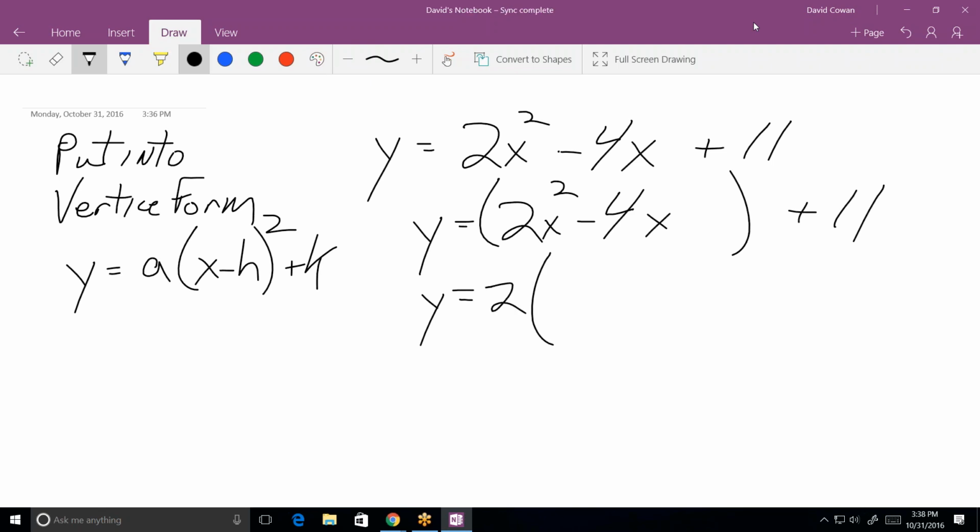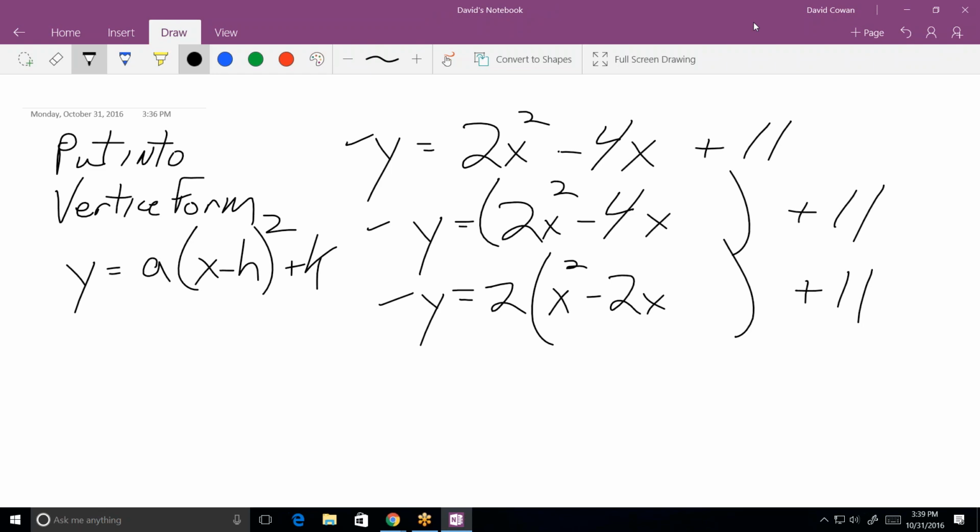And what's left? Notice I have not changed anything. And that's always what you want to do. You want to make sure that when you go from that step to that step, you don't change anything. And when I go from this step to this step, I haven't changed anything.